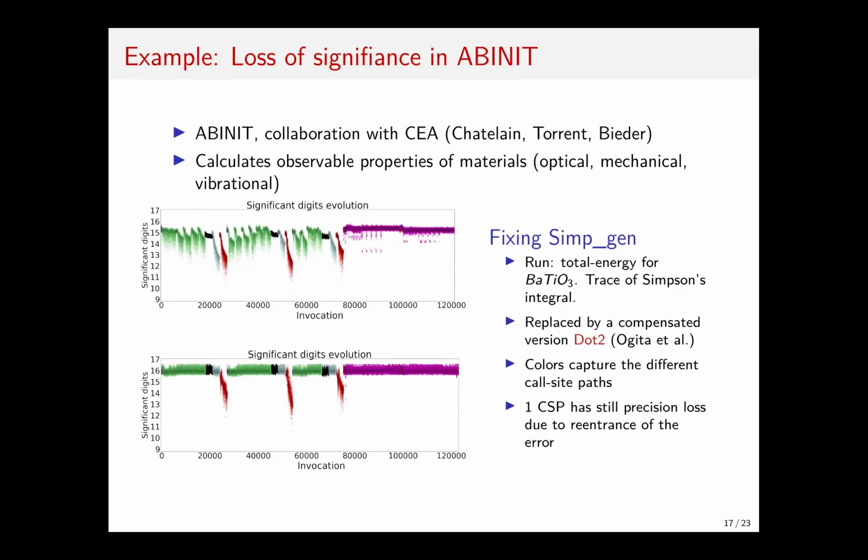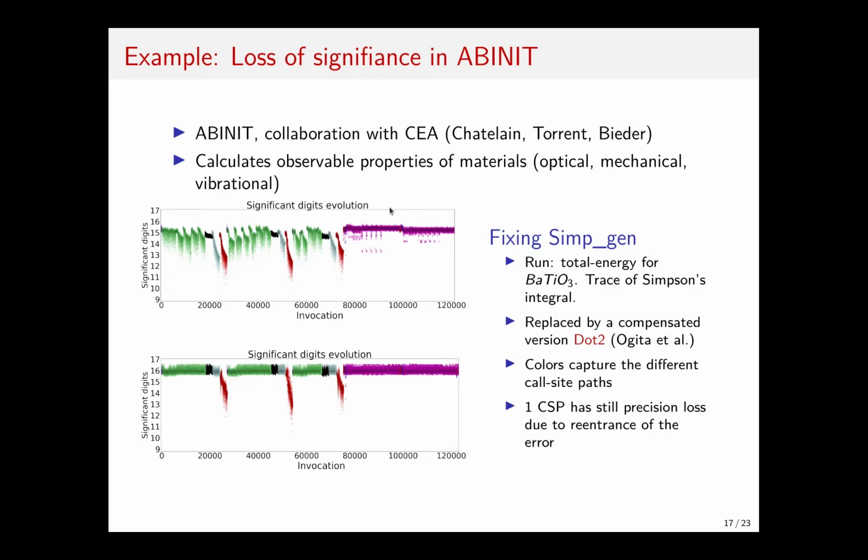So let me show you one example on an industrial code where we use VerifiCarlo to optimize the accuracy. This is an ab initio computation on the ABINIT code. It's a collaboration with CEA, particularly with Chatelain, Torrent, and Yeder. ABINIT calculates observable properties of materials: optical, mechanical, vibrational.